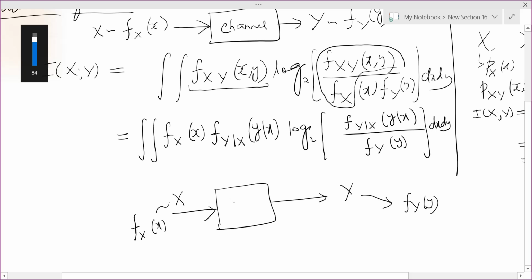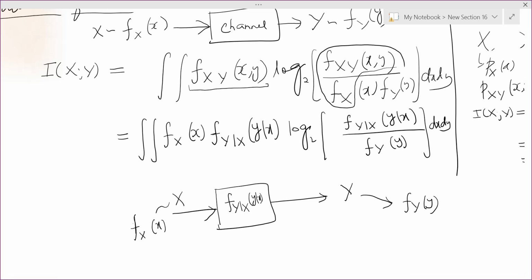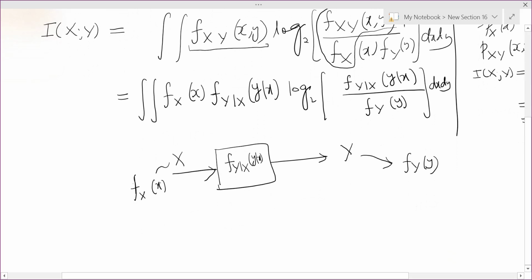What is known to you is also the channel. So the channel will be characterized by the conditional probability fy given x. If someone tells you how the channel behaves, it means you know the conditional probability density function of the channel. Given the input x, what will be the output y? What will be the likelihood of that? And fx is in your control.